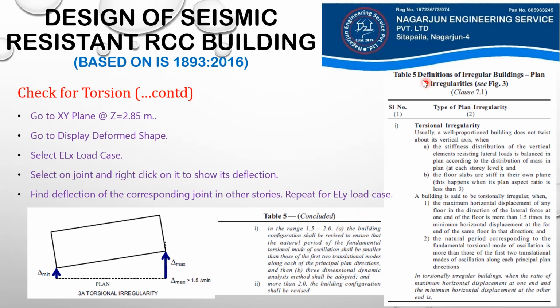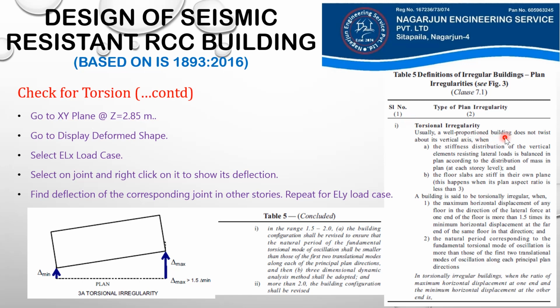Now I have posted a screenshot of Table 5, definition of irregular buildings, plan irregularities, for our course here. Table 5 in number 1 talks about torsional irregularity. Since we are checking for torsion, that number 1 talks about torsional irregularity, and I have used that screenshot here.